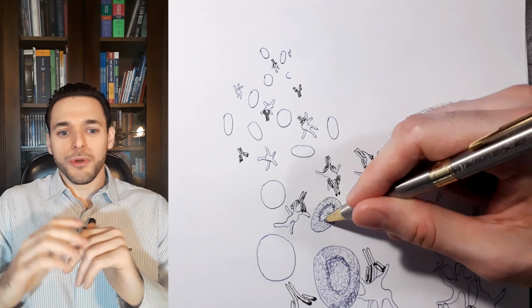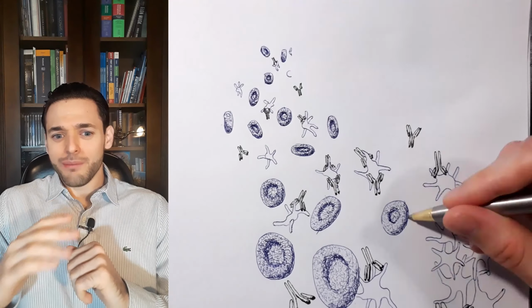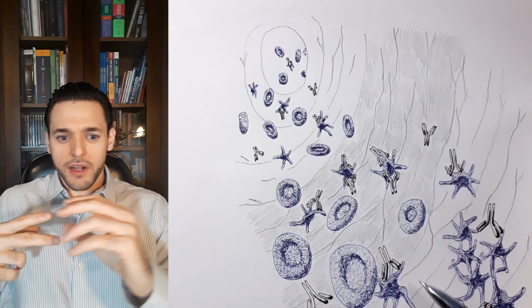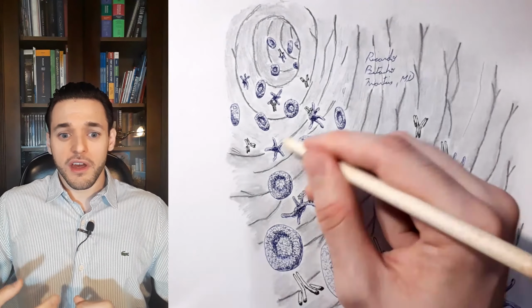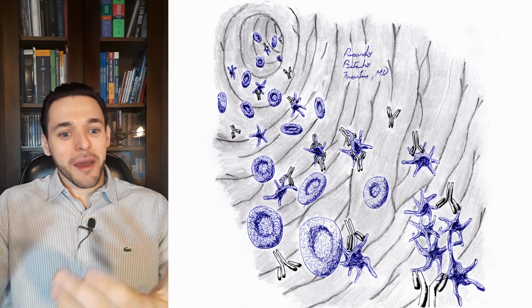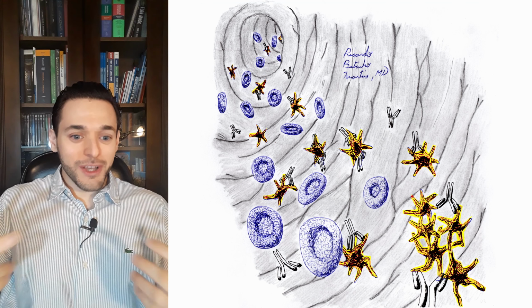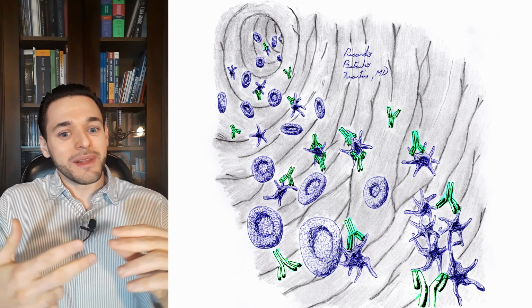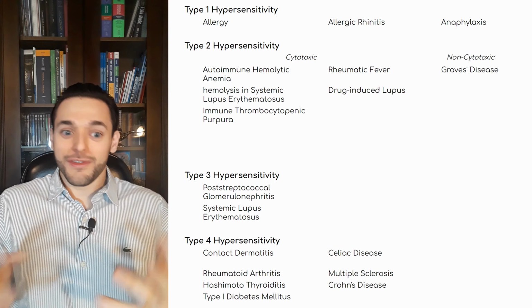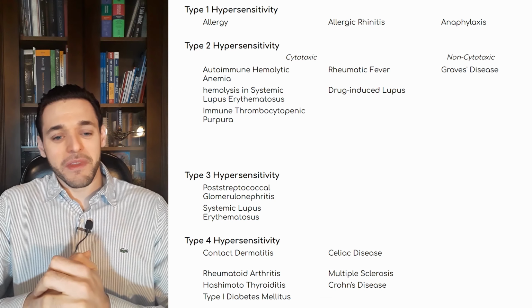Just as autoimmune hemolytic anemia is type 2 hypersensitivity, in which antibodies are targeting red blood cell membrane proteins, autoimmune thrombocytopenic purpura is type 2 hypersensitivity, in which antibodies are targeting platelet membrane proteins. And if you're wondering, it changes nothing if the red blood cells are not yours or if the immunoglobulins are not yours.